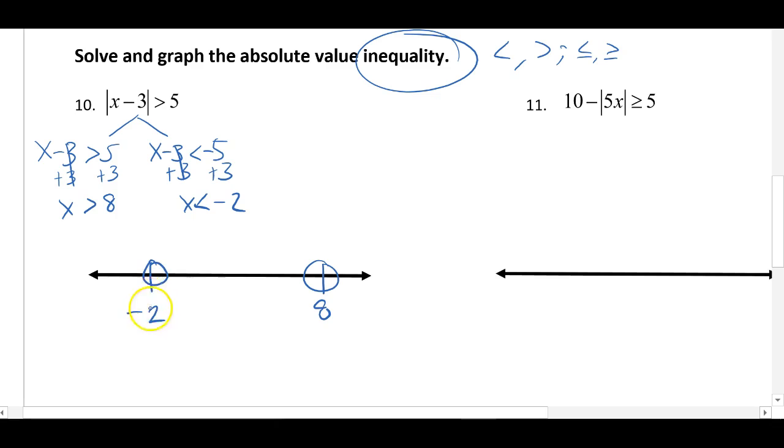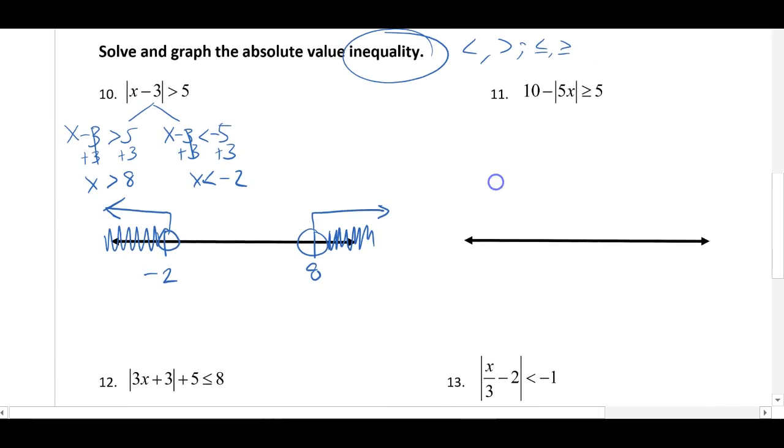Starting with the negative 2, it says x is less, so less is to the left. And this says x is greater than 8, so we point to the right because that's greater. So I shade out here to the right, I shade out here to the left. Since I shade separately, my answer is going to stay separate.